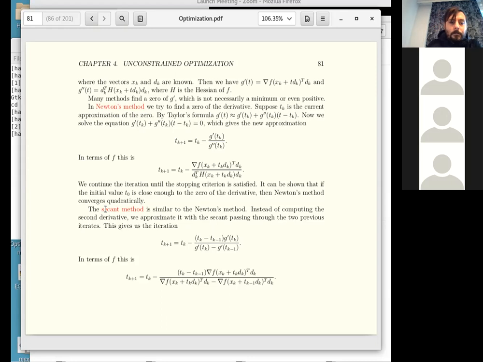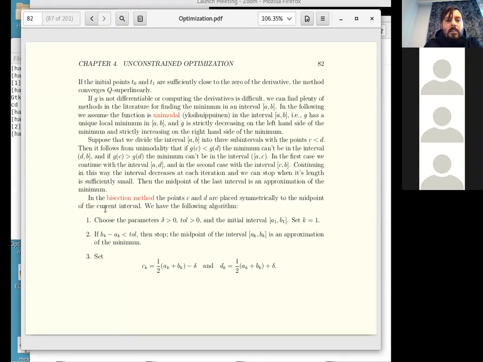All right. So basically this univariate optimization problem boils down to calculating the gradients and calculating the Hessians once more. If it's not differentiable or calculating this is hard, there are other ways.